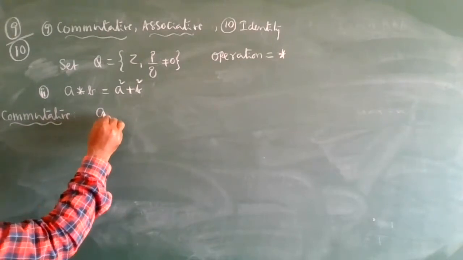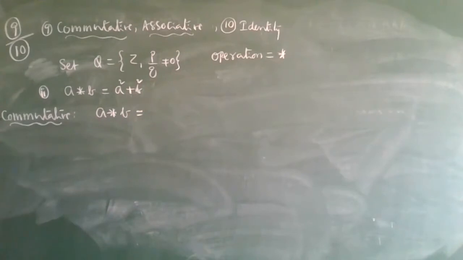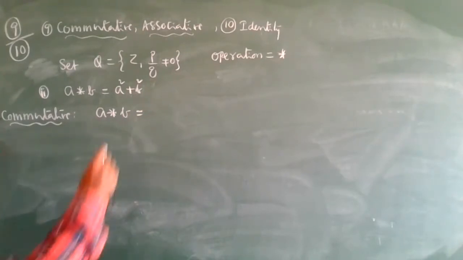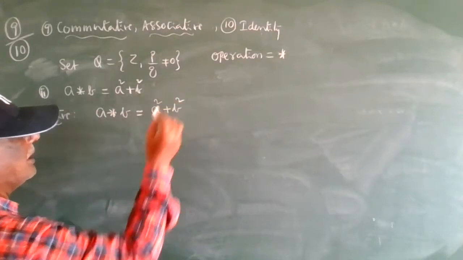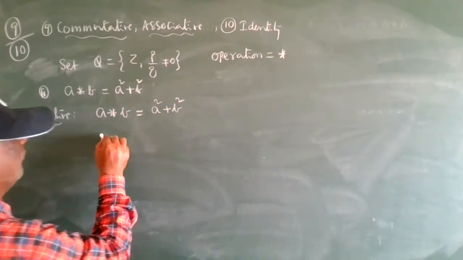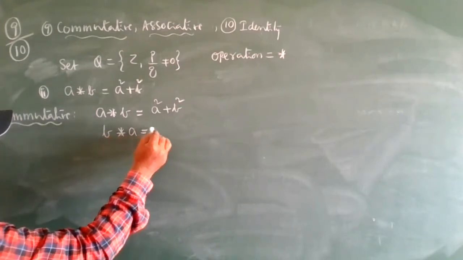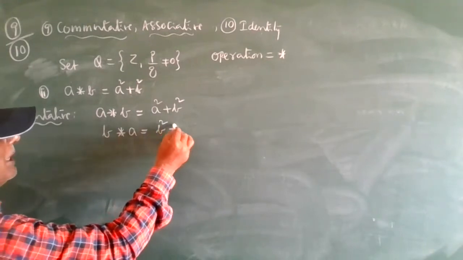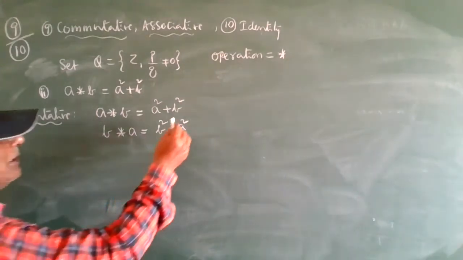First find A star B. By this rule, A star B is A square plus B square. Find B star A, that is equal to B square plus A square. A square plus B square or B square plus A square, both are the same.